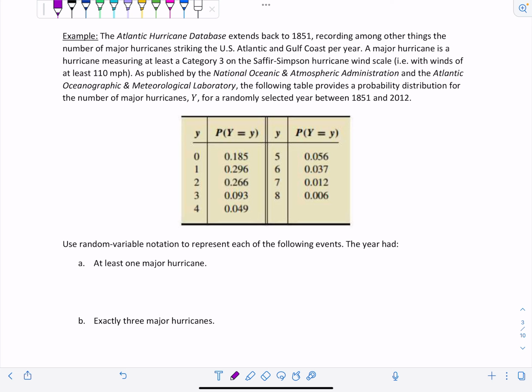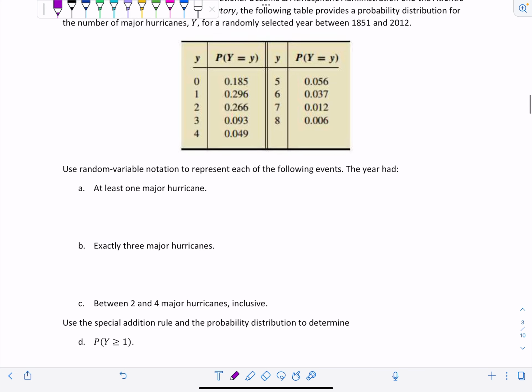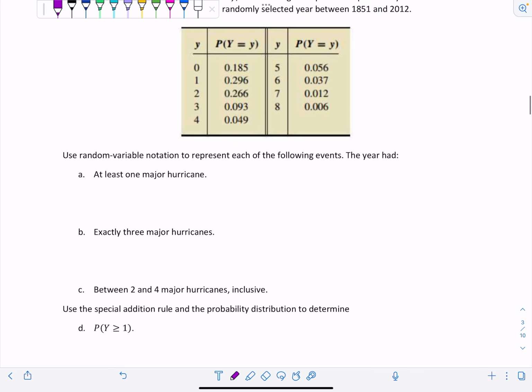All right, so use random variable notation to represent each of the following events. The year had at least one major hurricane. So at least one means one or more. So that would be the event that capital Y is greater than or equal to 1. Exactly 3 major hurricanes we would represent with capital Y equals 3.